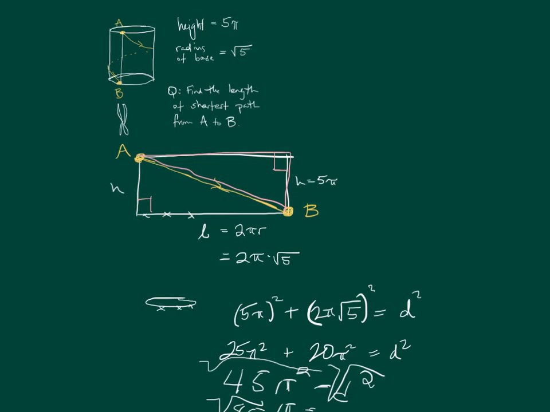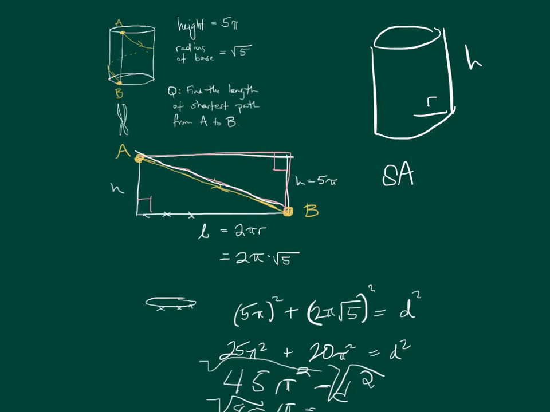And I mentioned surface area at the beginning. This is how you figure out the surface area. The question was 3 root 5 pi. The surface area of a cylinder, if I have a cylinder of radius r and height h, is going to be 2 pi r times h.